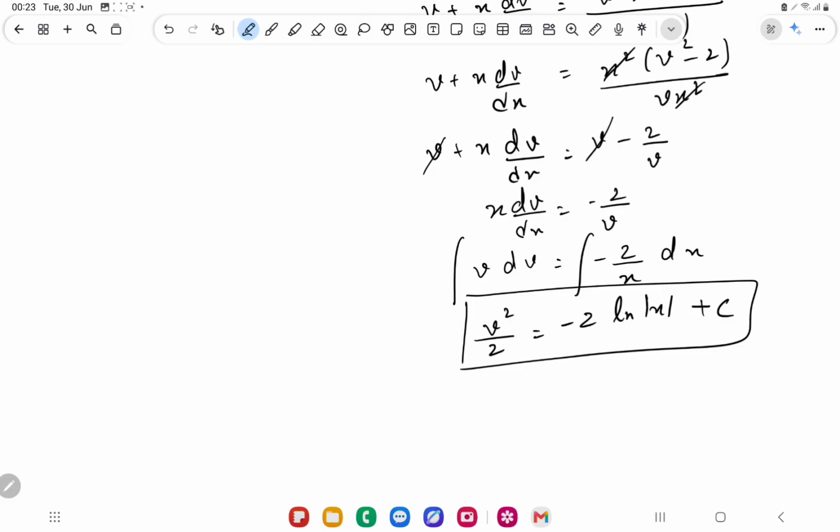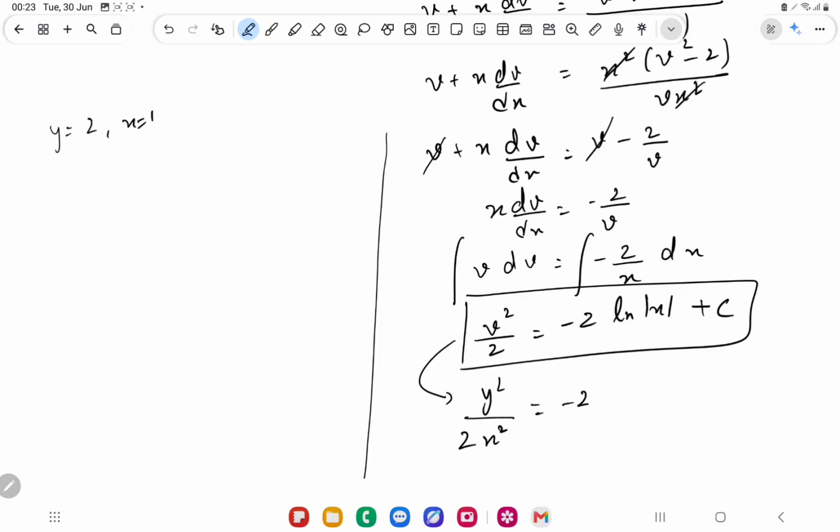Now since in the question it was, I will solve it over here, it is given to me y is equals to 2 and x is equals to 1. So I will first write it into my y upon x form. So v square will be y square over 2x square, that is minus 2 ln mod x plus c.